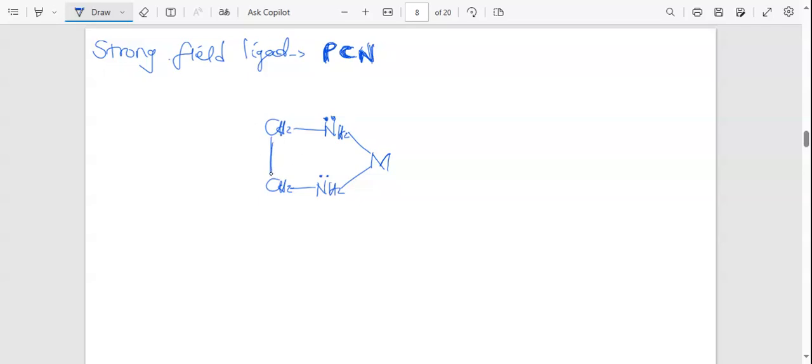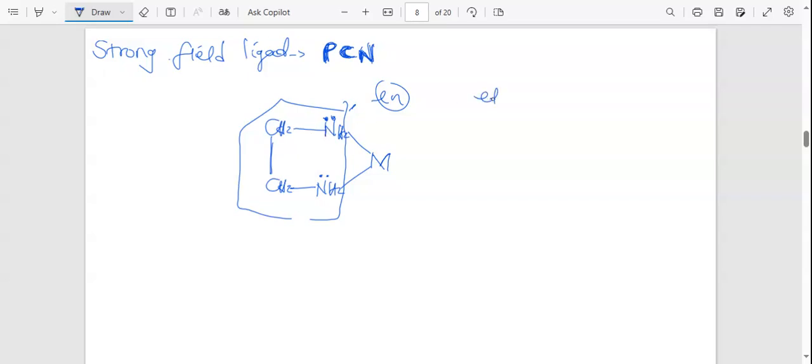So we name this as en. This thing here, we call it en, or just ethyl diamine. So when you see ethyl diamine, just know that this is the structure being talked about.